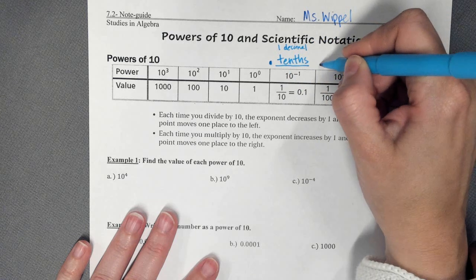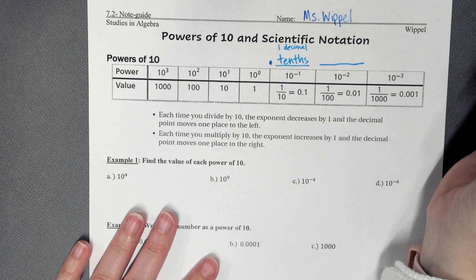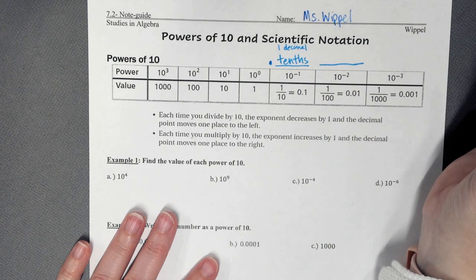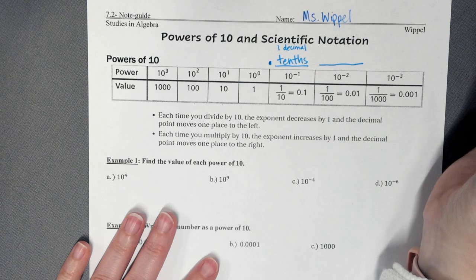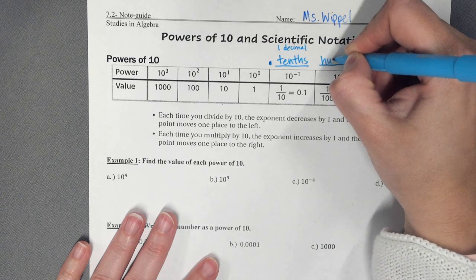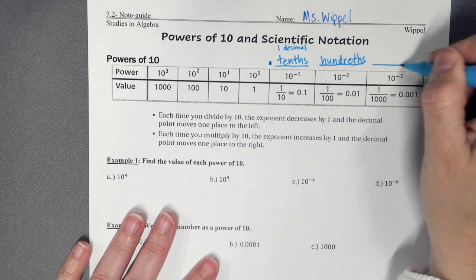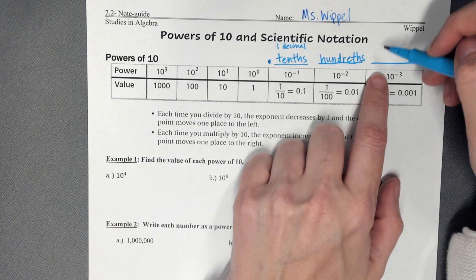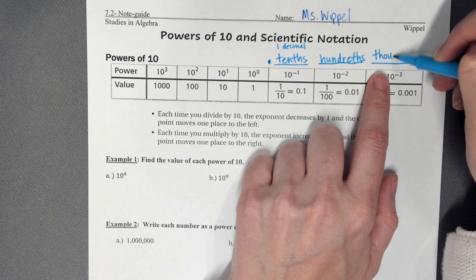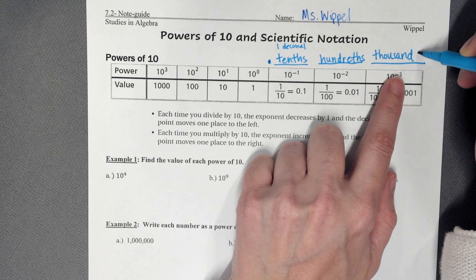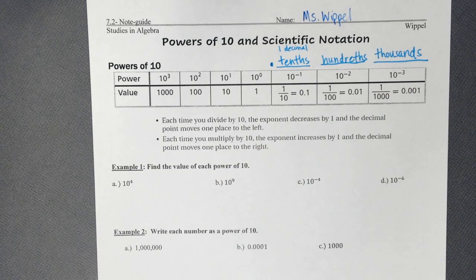What if it's 2? What's that called? Hundredths, yep. And then after the hundredths is the what? Yep, thousandths. And if you go out to the next one, it's the 10,000ths, then the 100,000ths, then the millions, but we rarely go out that far.